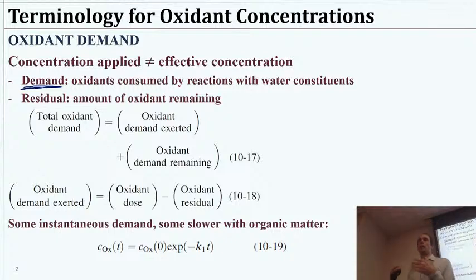Whereas some others might take some time, and we could track that according to some reaction equation where we have the rate of change of our oxidant according to, for example, a first order reaction with respect to time. Okay, so we've seen things like that. Organic matter would be a good example, whether it's natural or dissolved organic matter.